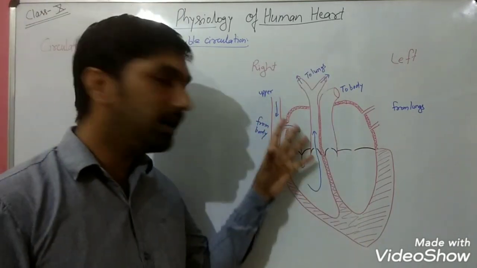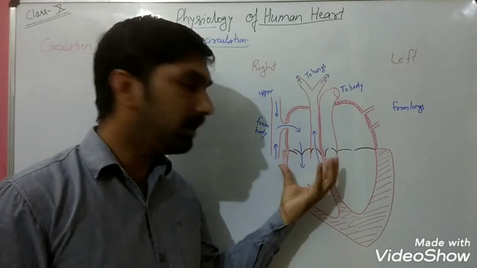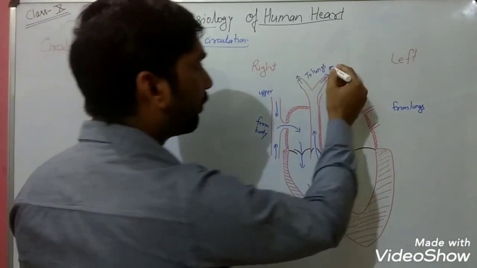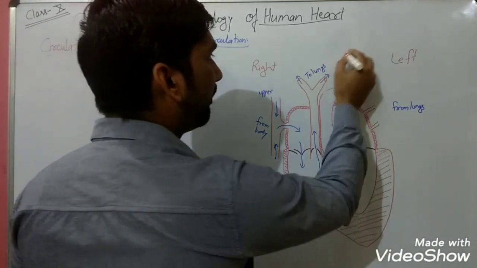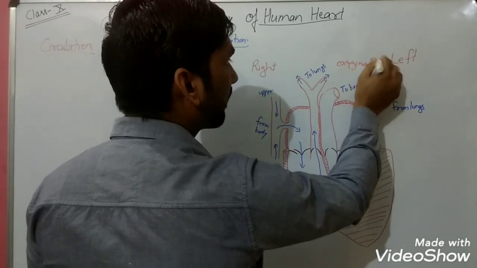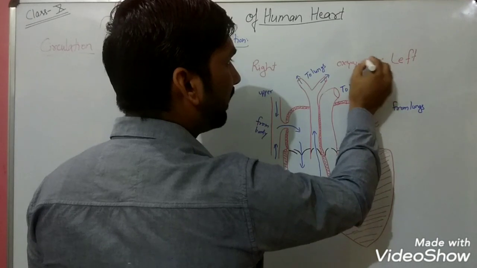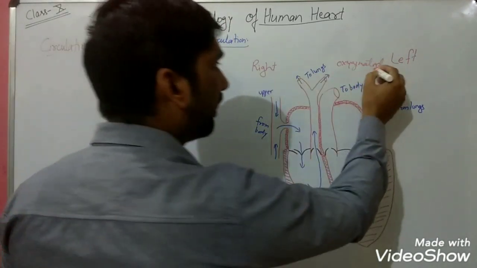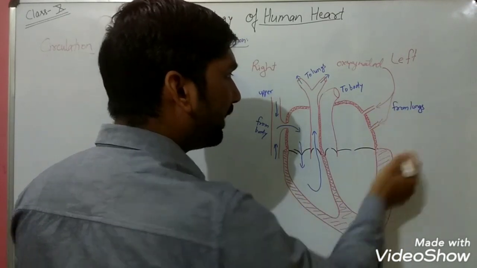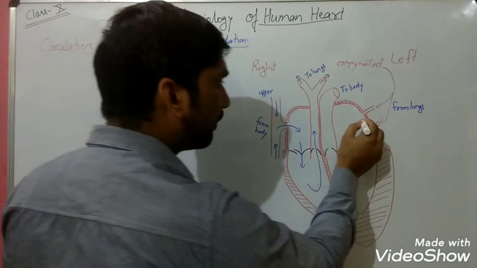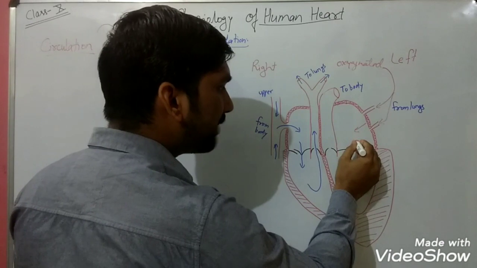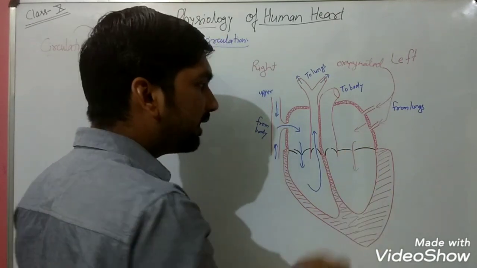So once this blood comes to the heart, it is not going to reach the body parts. Again it will come from the lungs. From the lungs, when it becomes oxygenated, it comes again. This oxygenated blood comes from the lungs and fills the left atrium, and from the left atrium it passes into the left ventricle.